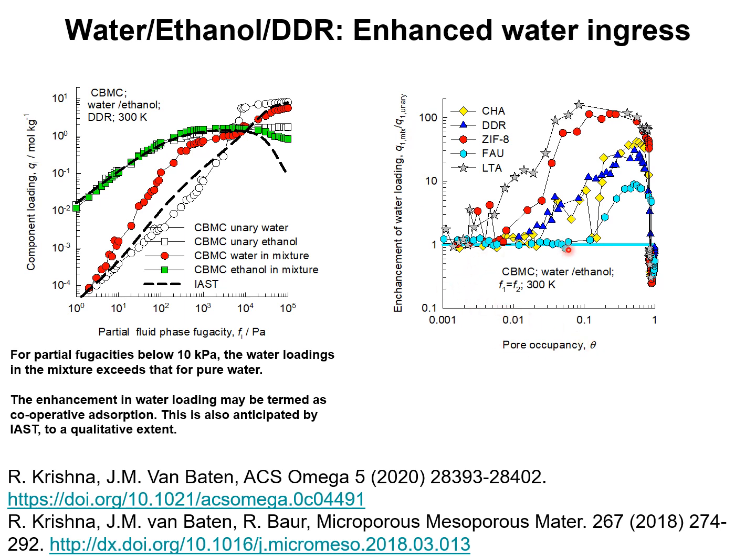And we note that the enhancement can be about 2 orders of magnitude depending on the pore occupancy. The IAST fails to capture quantitatively the enhancement in water loadings because the IAST does not cater for molecular clustering effects due to hydrogen bonding.